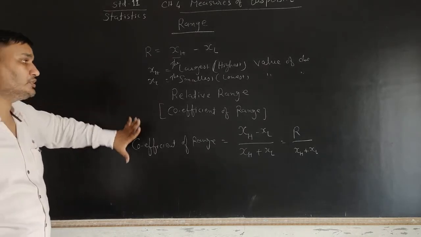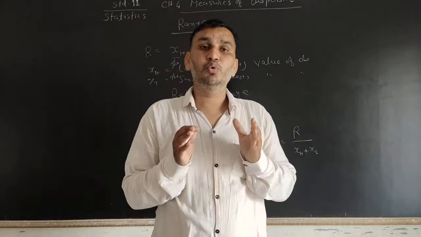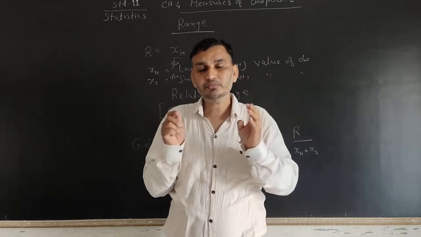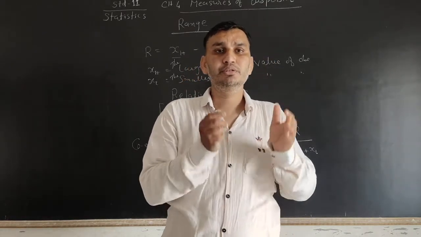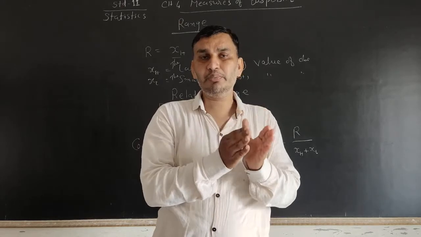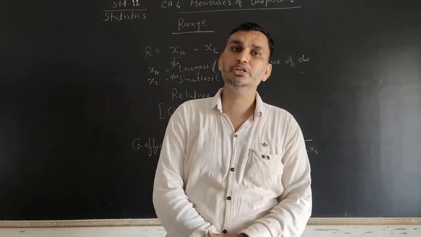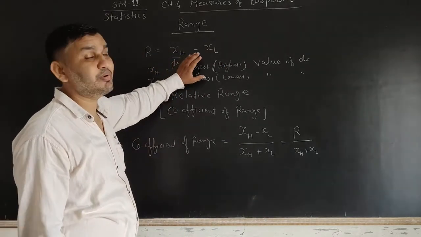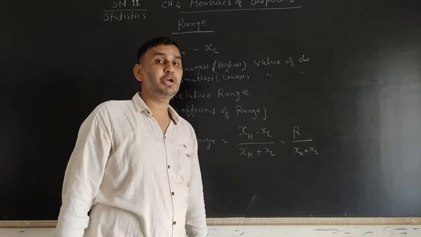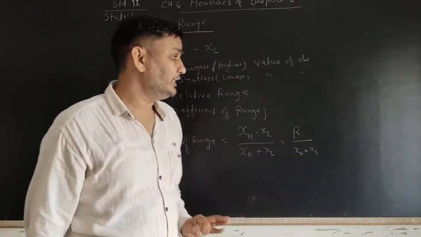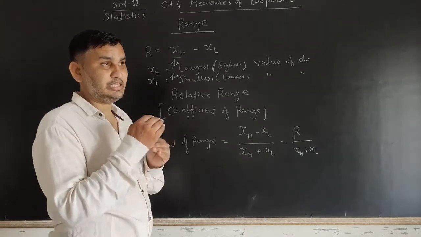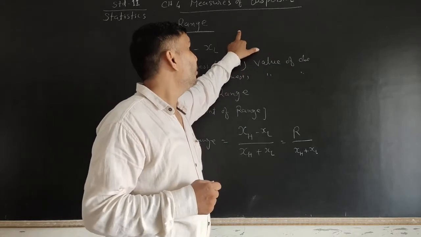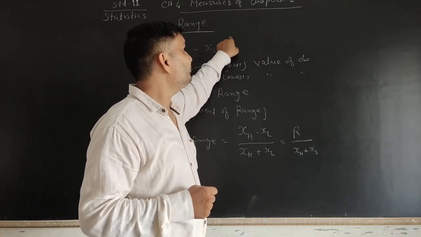Now we'll see some examples of range and relative range. We know very well we have ungrouped data or grouped data. For grouped data we have two types of distributions: discrete frequency distribution or continuous frequency distribution. In a discrete frequency distribution also we get the highest or largest value of observations, but in a continuous frequency distribution we have class intervals. We take the difference between the upper limit of the last class and the lower limit of the first class.